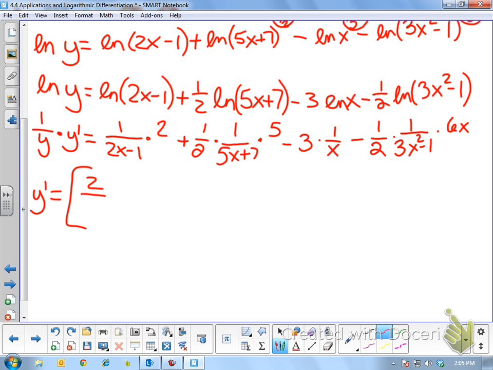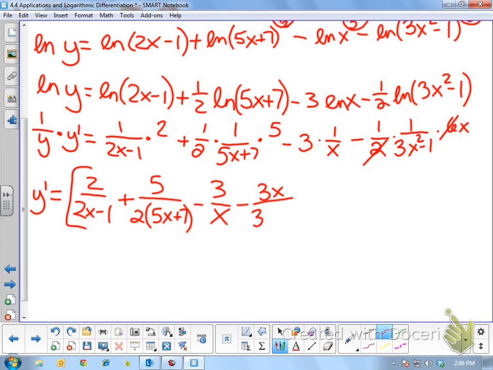So we have 2 over 2x minus 1 plus 5 over 2 times 5x plus 7 minus 3 over x minus 6 and 2 cancel, 3x over 3x squared minus 1. That's why I said on the homework if you want to combine, you don't have to write this line and this line. Times the original, which I don't even remember anymore.